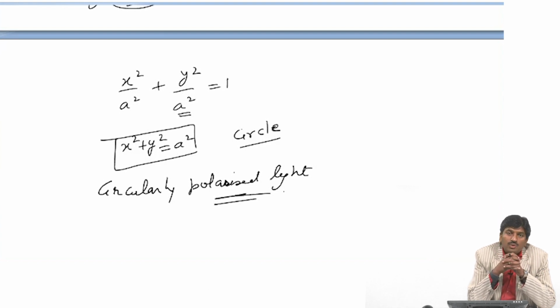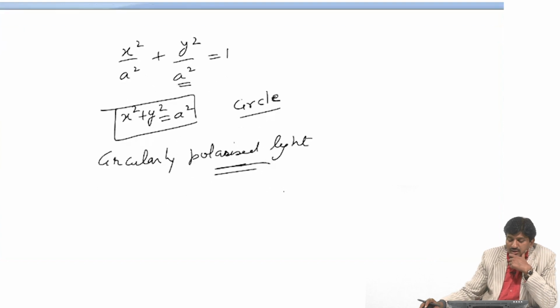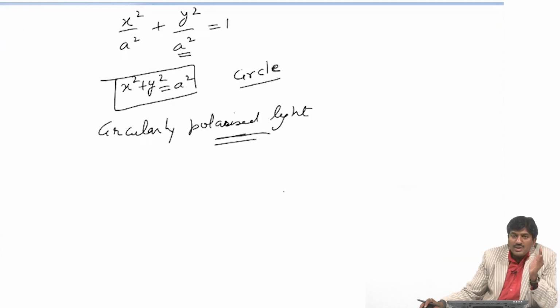So, these are the productions of different types of polarized light when light passes through the crystal, and that depends upon the phase difference between E ray and O ray. Emergent light may be plane polarized light, elliptically polarized light, or circularly polarized light. Now, we detect whether the light is plane polarized, circularly polarized or elliptically polarized.